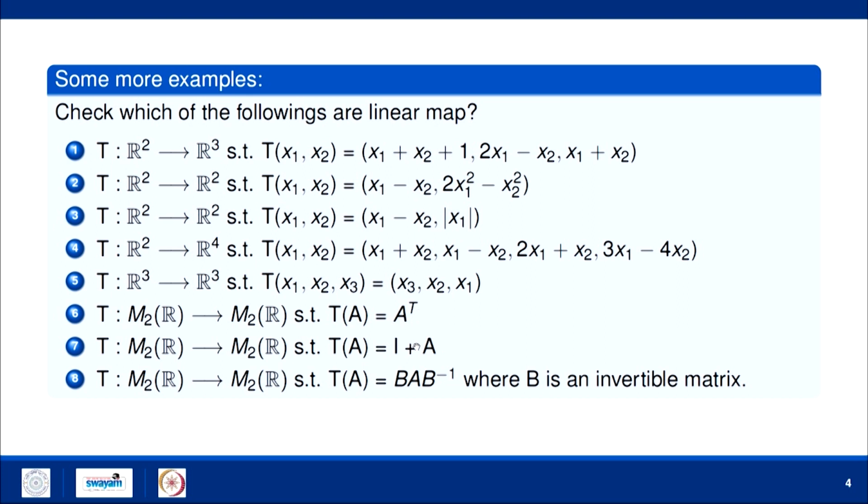However, this one will not make a linear transformation. Why? Because the 0 matrix here will go to the identity, while the 0 matrix should go to the 0 matrix. So, in that way you can have all these checks whether a given transformation is linear or not.